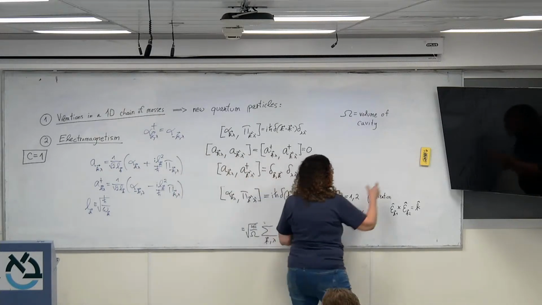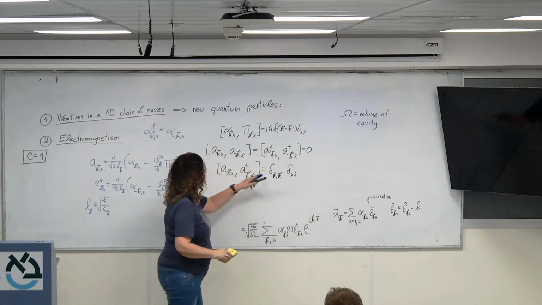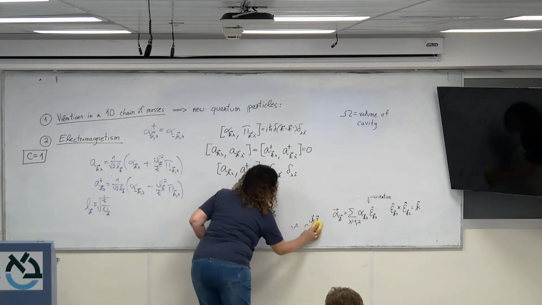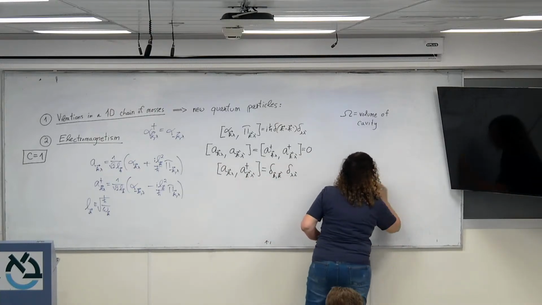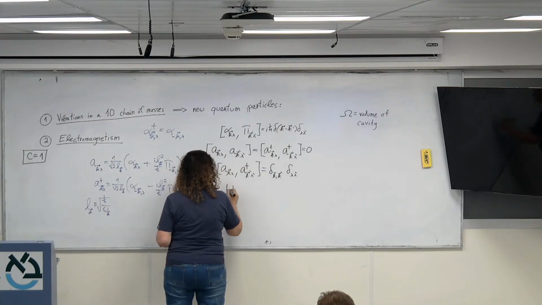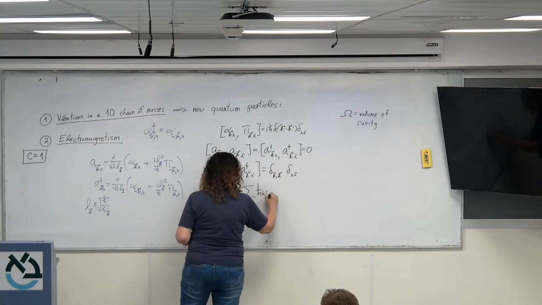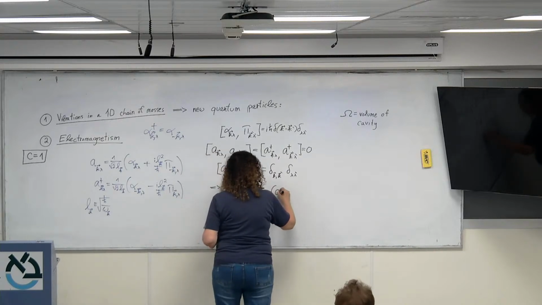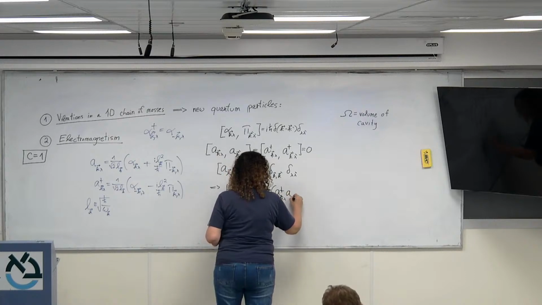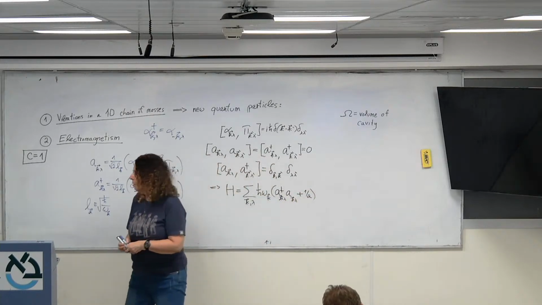And then we get, in terms of these new fields that obey this algebra of commutators, a Hamiltonian that looks like that. H is just a sum over K and lambda of h bar omega_K, A_K lambda dagger A_K lambda plus a half. That's all. Very simple.